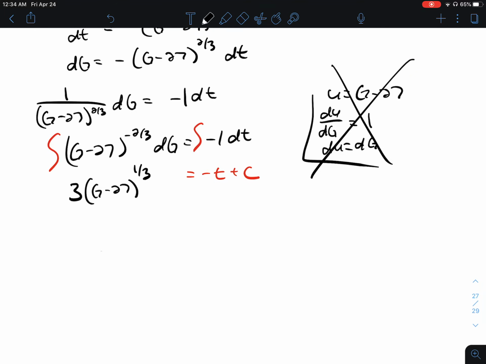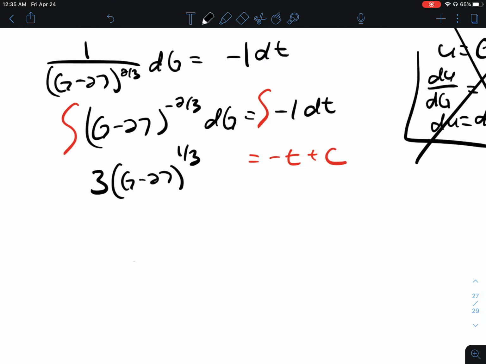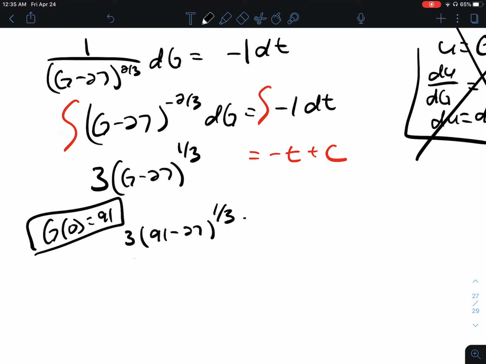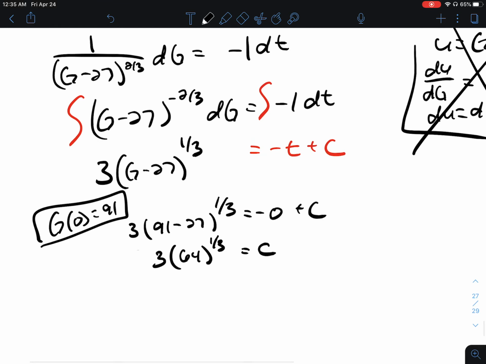All right, so then from here, we should probably figure out what C is. We got this ordered pair, G of 0 equals 91. So if I substitute and put 91 in for G and 0 in for t, I'm going to get 3 times the cube root of 64 equals C. The cube root of 64, what number times itself 3 times is 64?